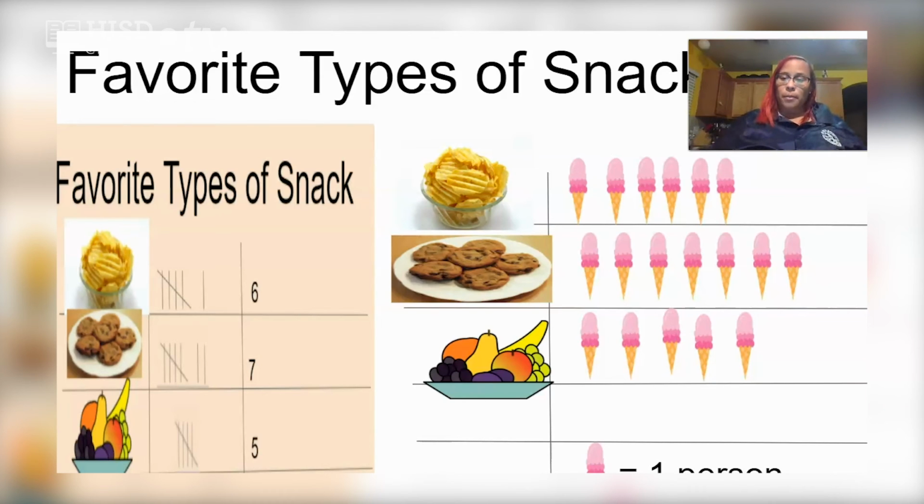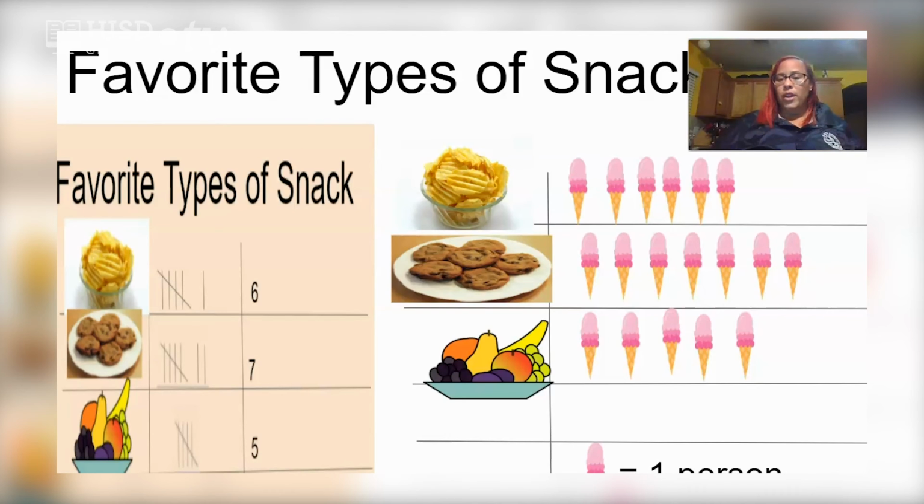What kind of information can I get from looking at this picture graph? Can you tell which snack the students like the most? Which one? Yes, most students picked cookies for their favorite snack.